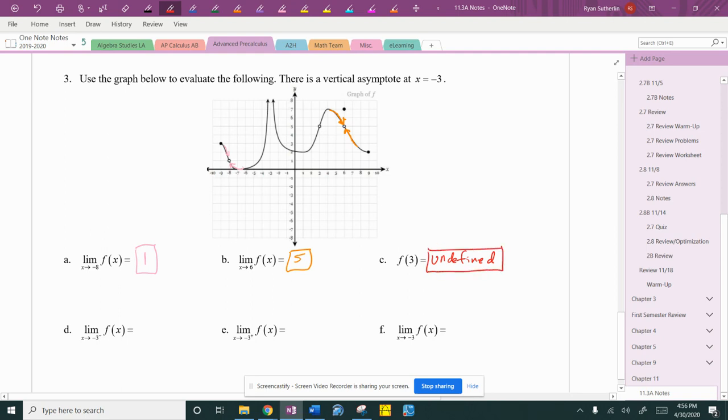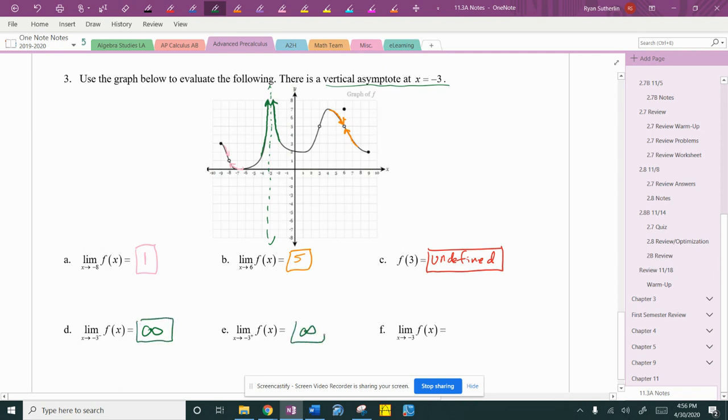All right, last one. X approaches -3 from the left. So here's -3. As I go from the left, my graph is heading up, and it says there's a vertical asymptote here at -3, and we could sketch that in. And so this limit is headed towards infinity. The limit as x approaches -3 from the right is also headed to infinity.